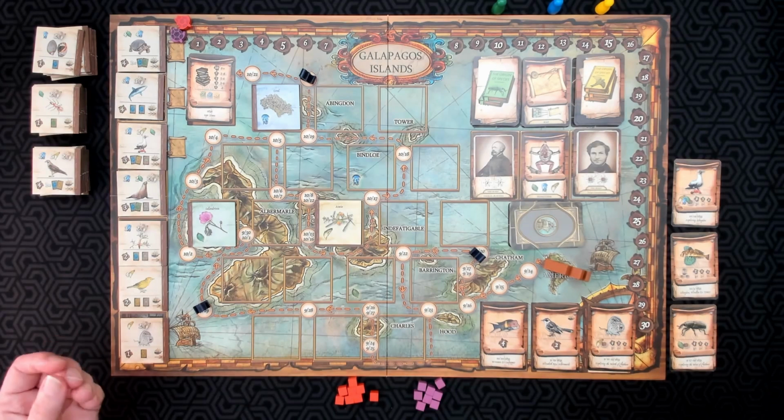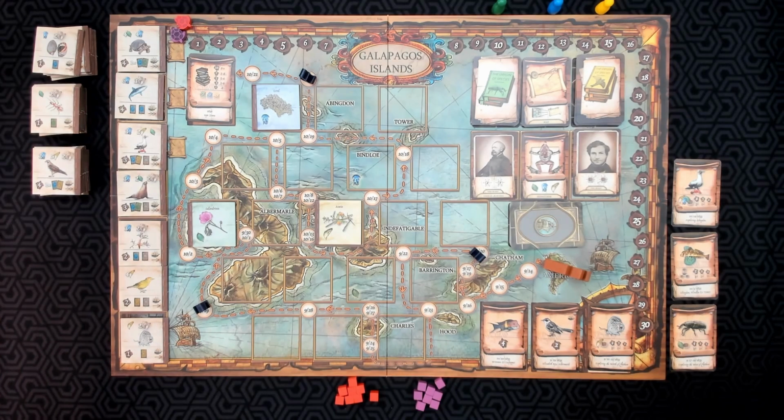Now, this does allow us a little bit of insight into what Charlie's next actions will be. And there's a limited amount of ways that we can manipulate that without hurting ourselves too much.